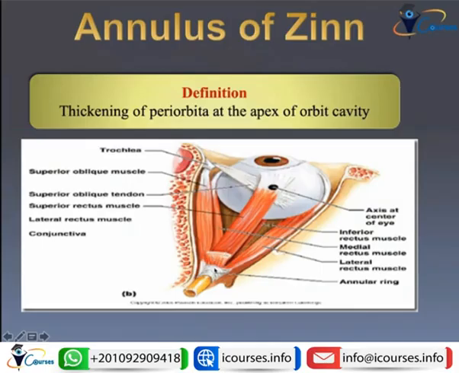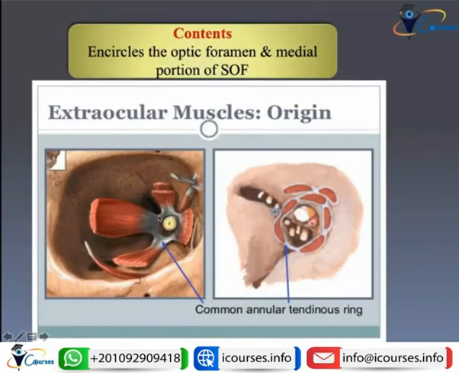This is present at the apex of the orbit, and it has the important function of giving rise to the origin of the extraocular muscles. So here is the optic nerve surrounded by the common tendinous ring, and as you can see here, the extraocular muscles are arising from it.